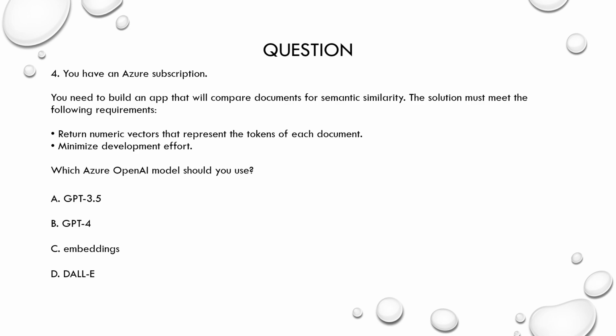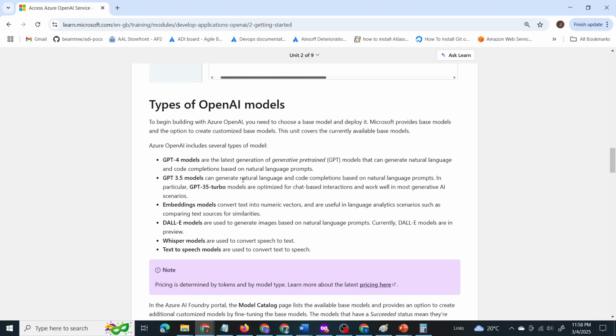Now, which of the models should we choose to compare documents for semantic similarity? Let us see the documentation. Now, these are the types of OpenAI models. One is GPT-4, then there is GPT 3.5, GPT 35 turbo models, and all these models are natural language processing models. And they are best suited for chat-based interaction or for generating natural language or for code completions.